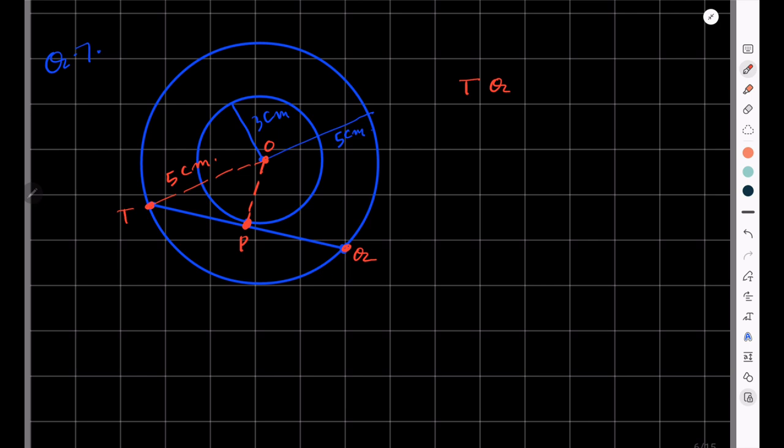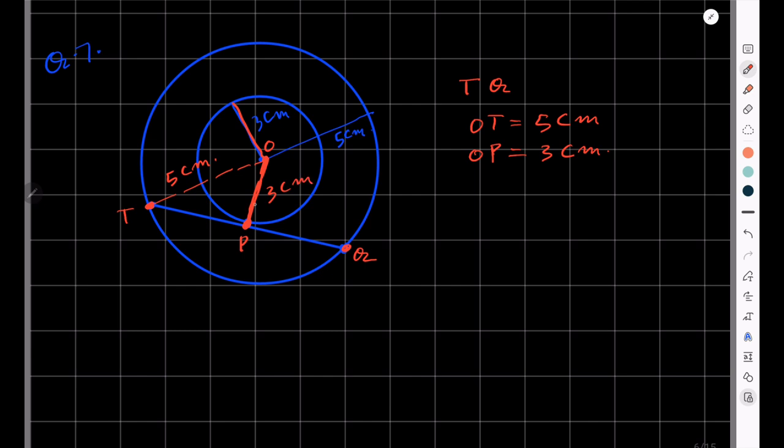So this is 5 centimeter. And what is this one? OT is 5 centimeter, OP is 3 centimeter because it is the radius of the smaller circle.